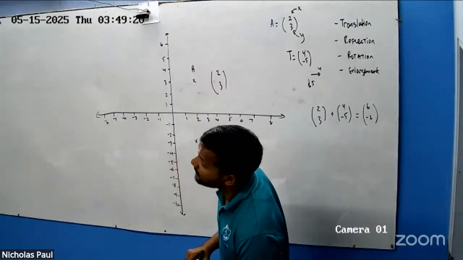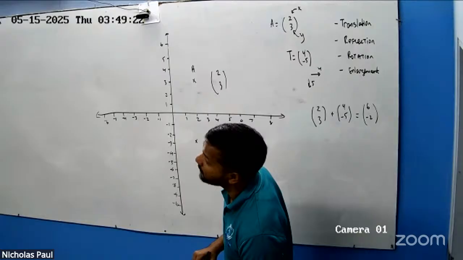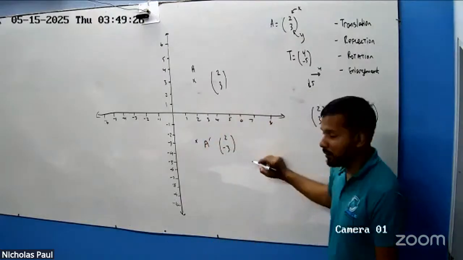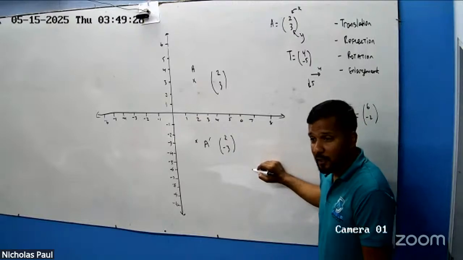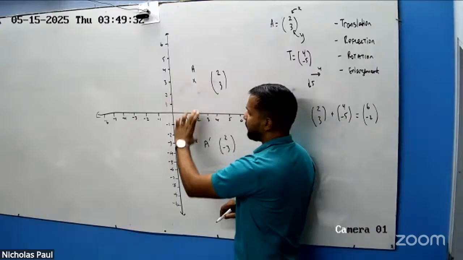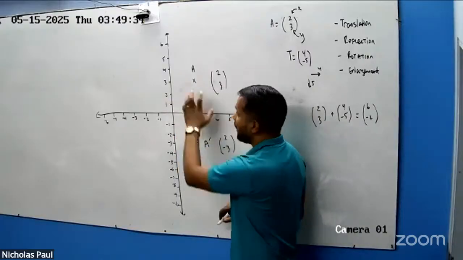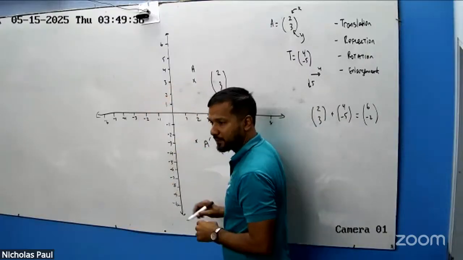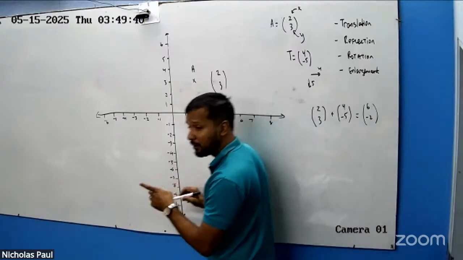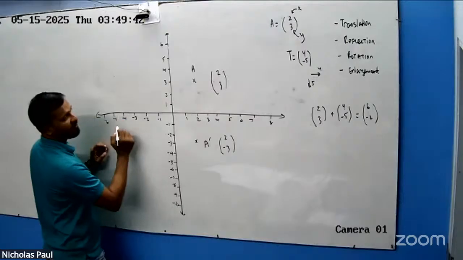There it is. Are you okay with that? So that's how we reflect in the x-axis. So this should be the same distance away here. How do we reflect in the y-axis? Right? Change the sign of the x value, sorry.